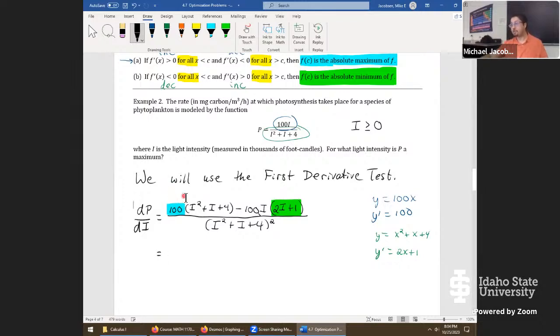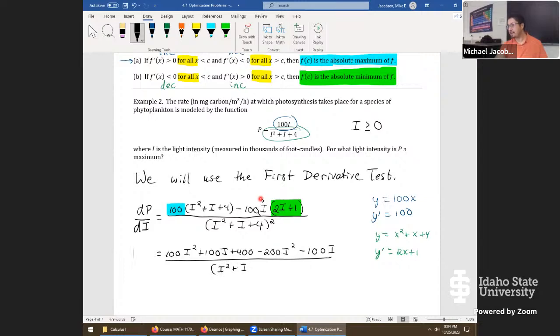So next thing, let's distribute 100 into the group. We get 100i squared plus 100i plus 400. On this group, we'll distribute it inside negative 100i to get negative 200i squared minus 100i. So that's the numerator fully expanded out.